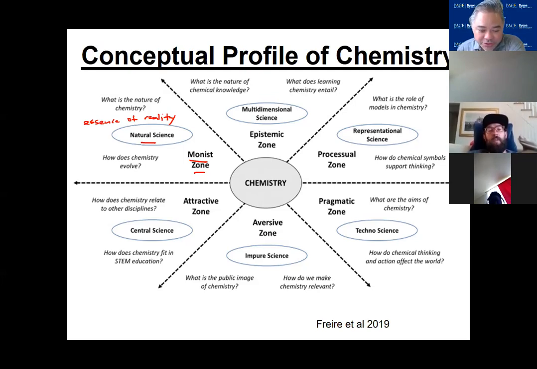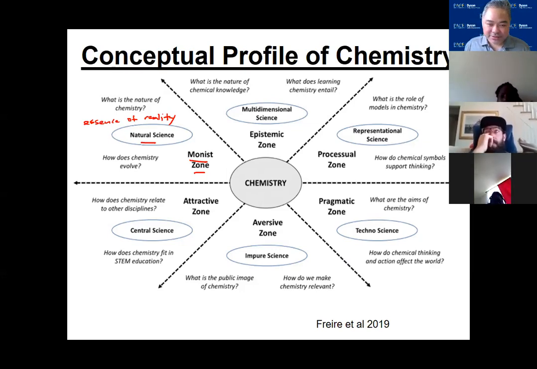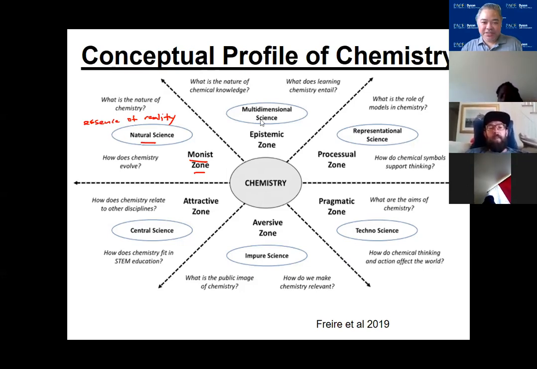Example ways of speaking in this zone: science that studies the transformation of matter, elementary constitution of compounds, molecular composition, geometry, and other chemistry concepts. Okay? So you could see the difference in the concept, from a natural science, now it becomes a multi-dimensional science.